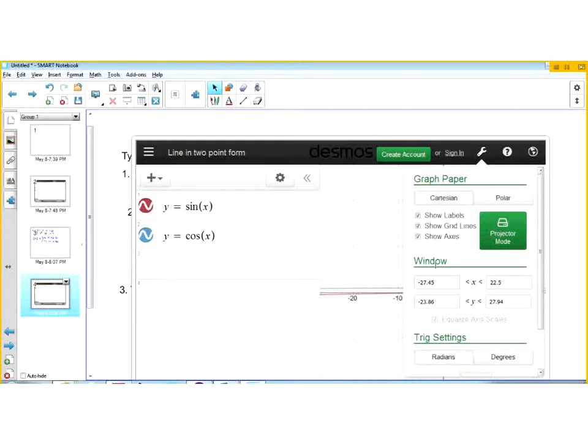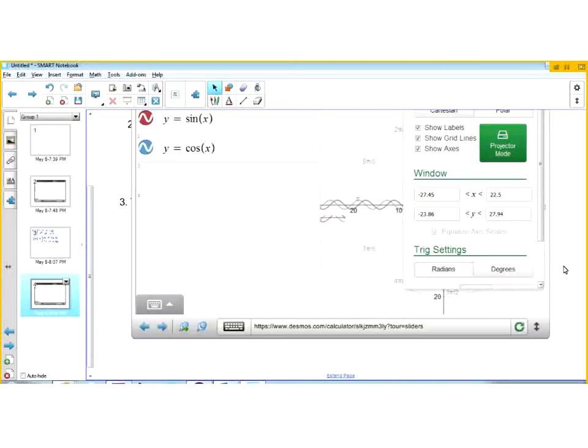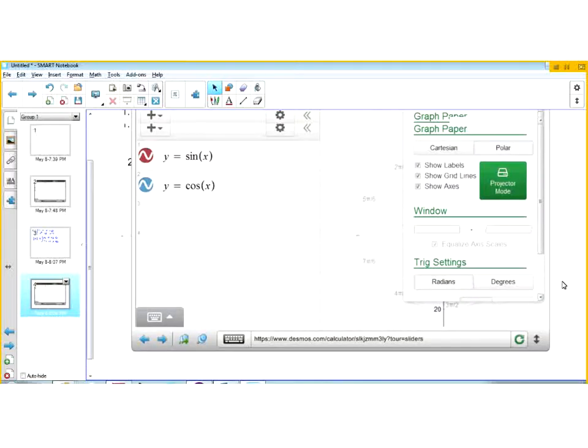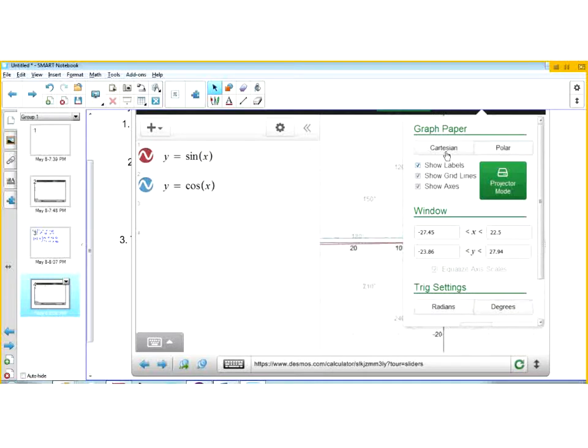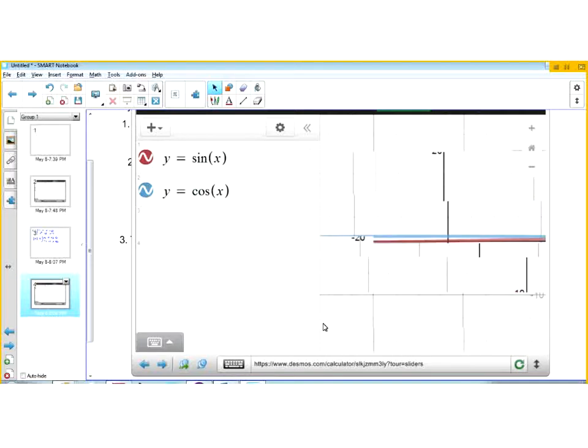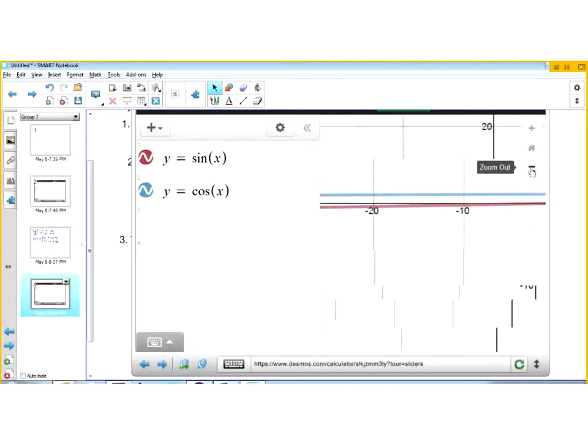If we put radians, show axes, let's keep it in radians, and use the Cartesian coordinate system and projector mode.